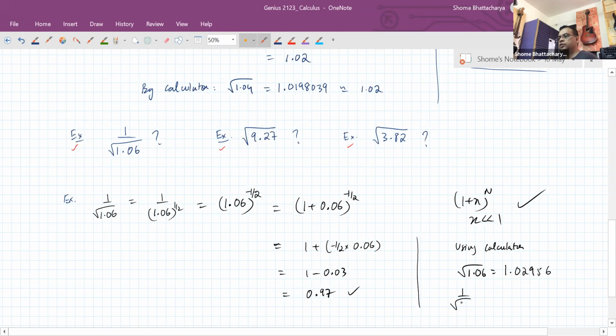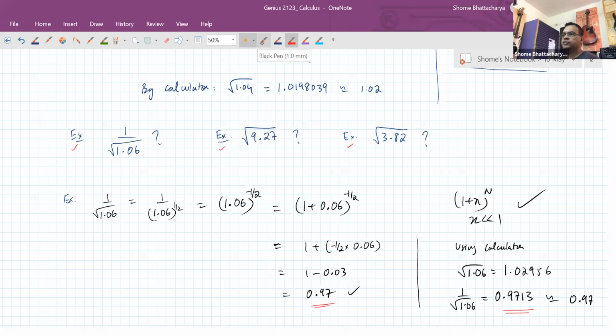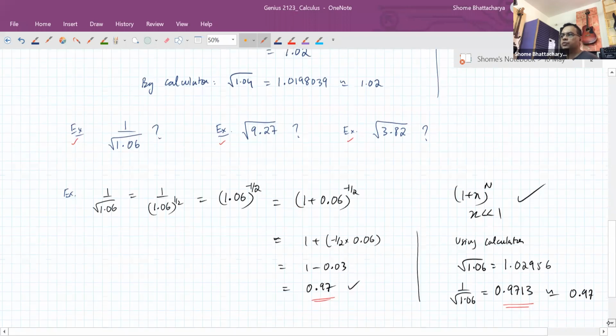So I'll get 1 upon square root of this as, now if I just invert this, you see I'll get 0.9713. Okay. So this is a good enough approximation. You can see this is approximately equal to 0.97. So it's very effective. So even for doing calculations in physical chemistry, when you come to that later, irritating type of calculations, you can simplify a lot if you know the trick of how to use binomial approximation.